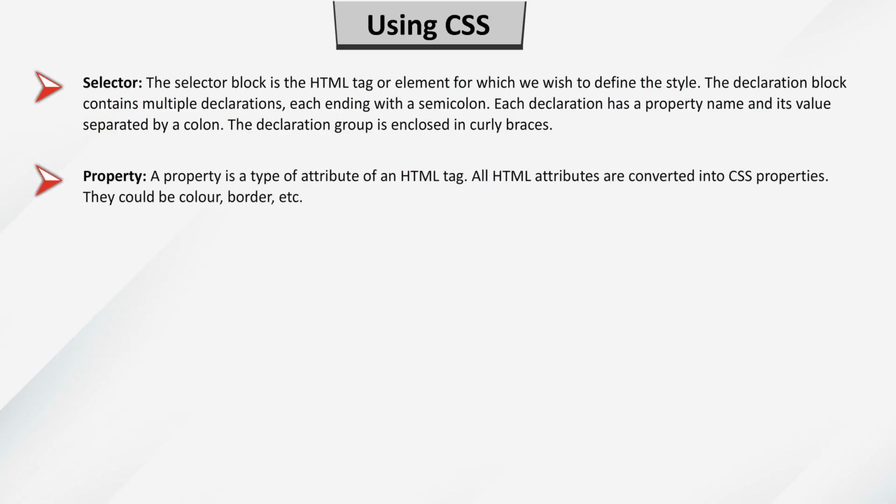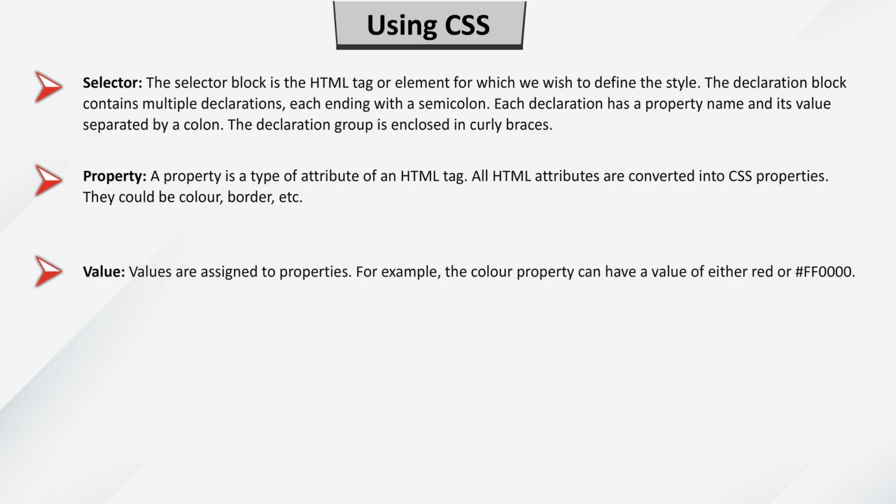Property. A property is a type of attribute of an HTML tag. All HTML attributes are converted into CSS properties. They could be color, border, etc. Value. Values are assigned to properties.